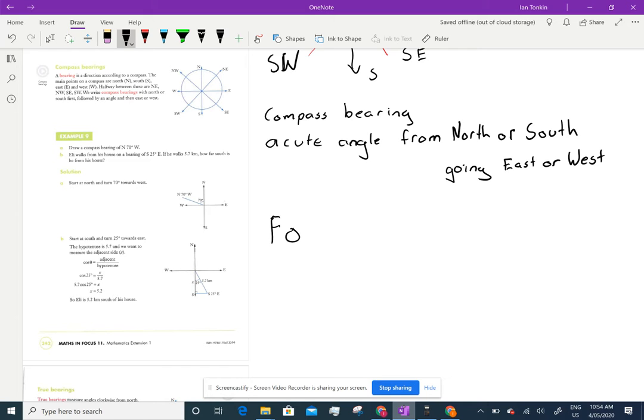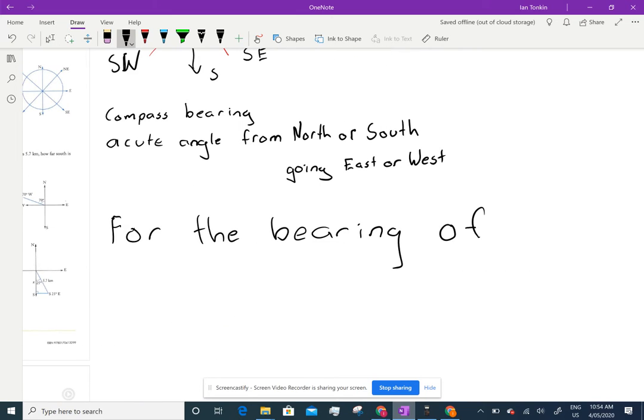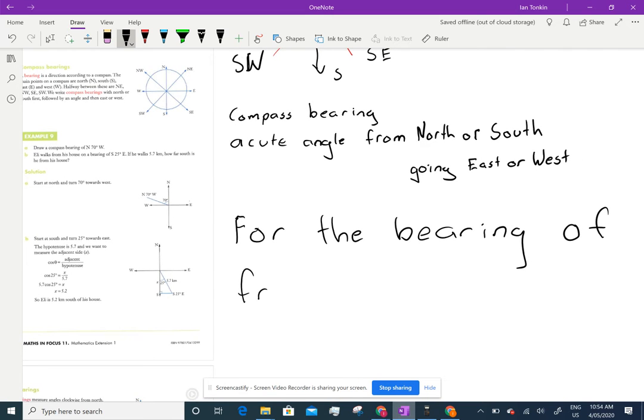For the bearing, and this is important, of A from B, you need to think.